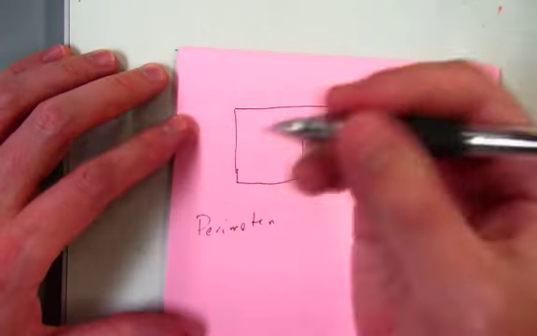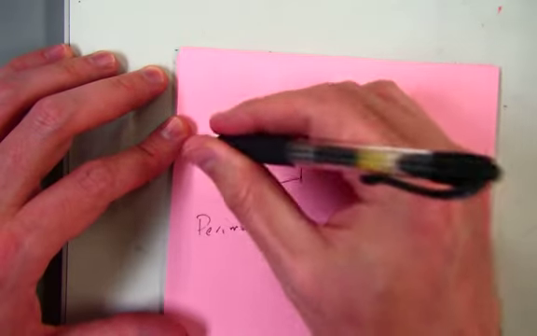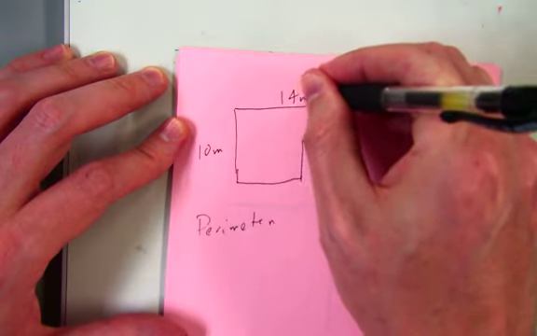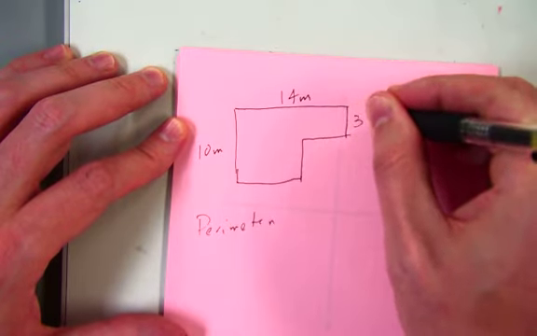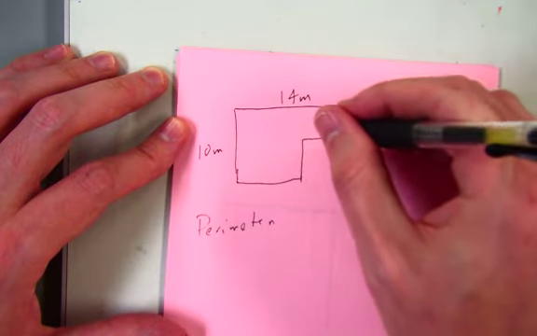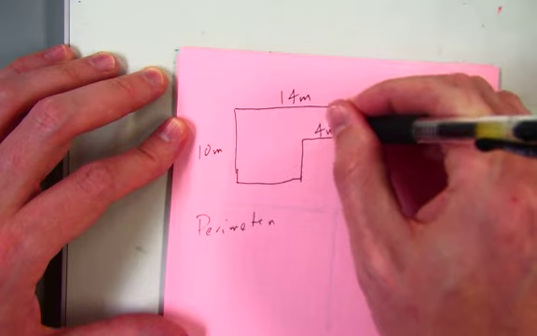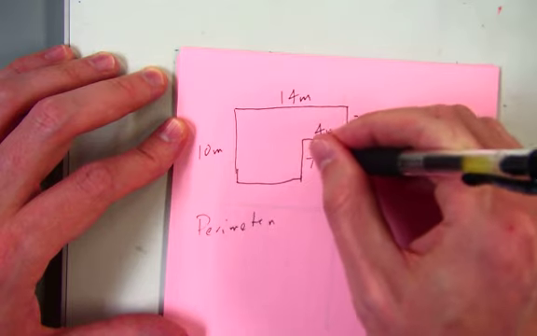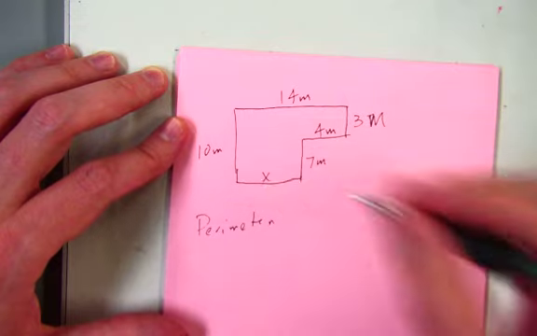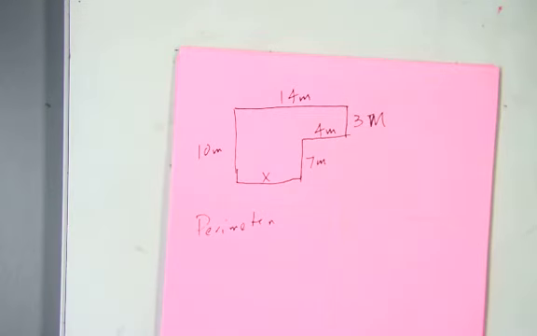Let's say this over here is 10 meters, and this is 14 meters, and this is 3 meters. Oops, sorry, 3 meters there, and this is 4 meters here, and this has got to be 7 meters over here, and then this one down here. Let's say we don't even fill it in. Let's say we leave this as an X. And we'll do this on 1 or 2 questions.